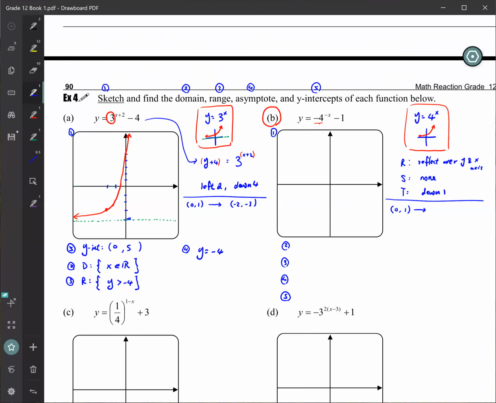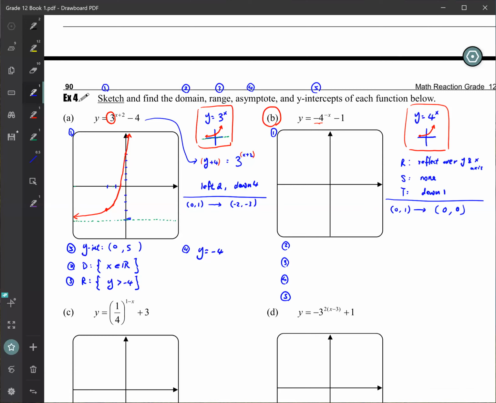So Ray, where is the new location for 0, 1? Where would it go? Oh, 0, 0. Is that what you said? 0, 0? Yeah, I guess. Okay.